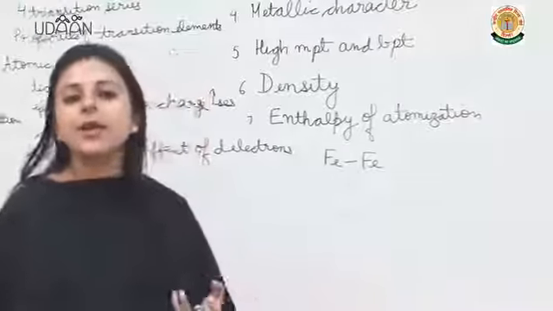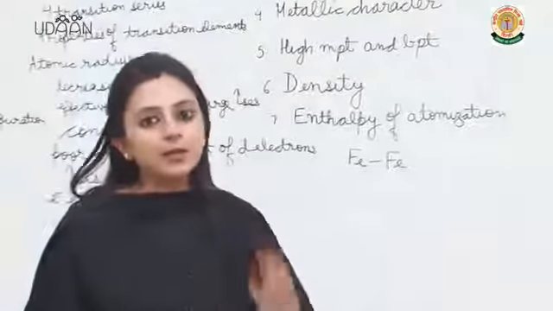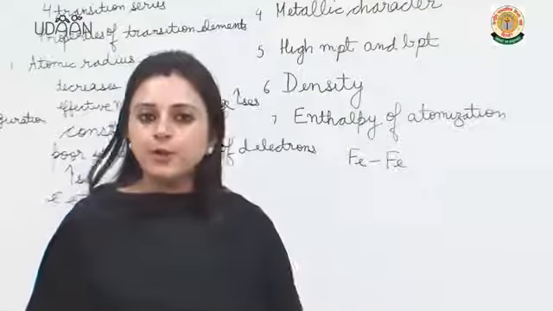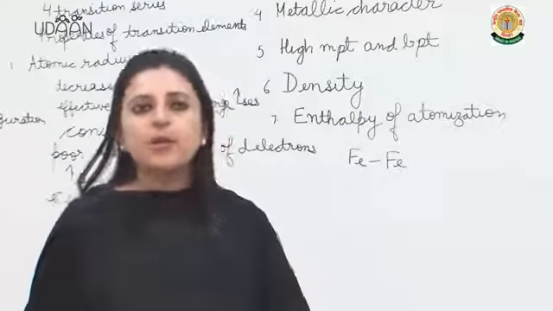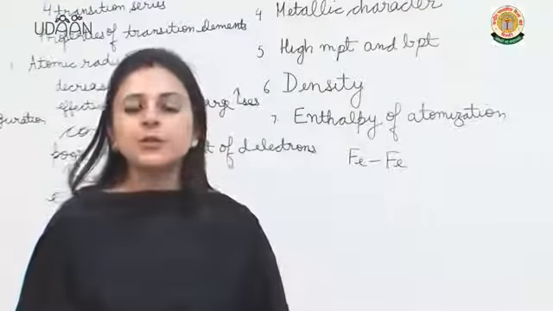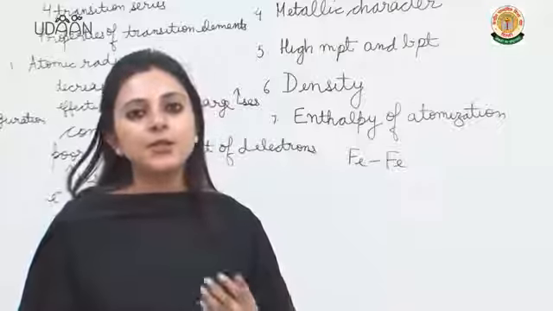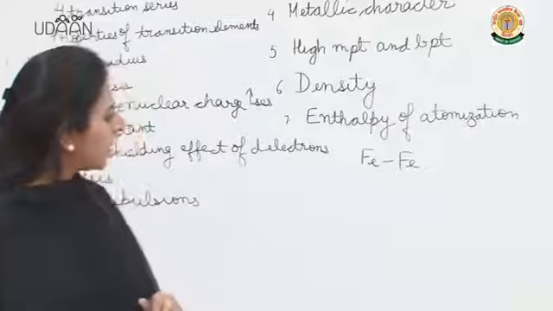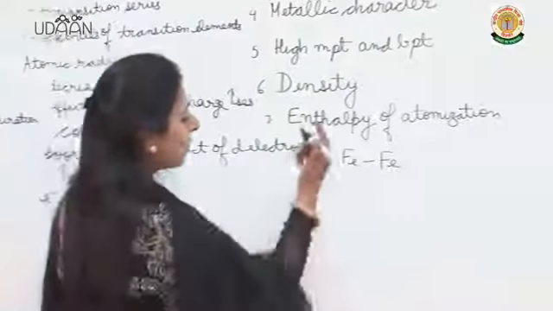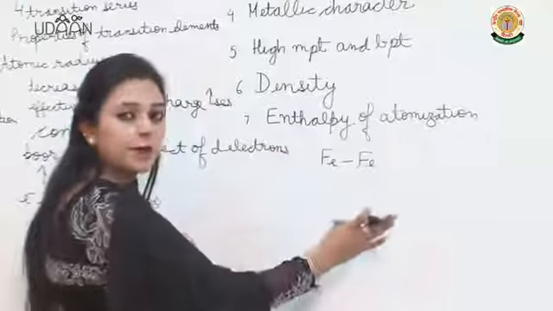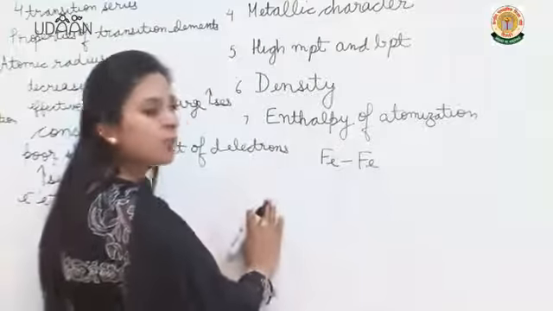Now why the enthalpy of atomization is high? Again the same reason, due to the presence of unpaired electrons, metallic bonding is strong, जिसकी वजह से enthalpy of atomization is high.